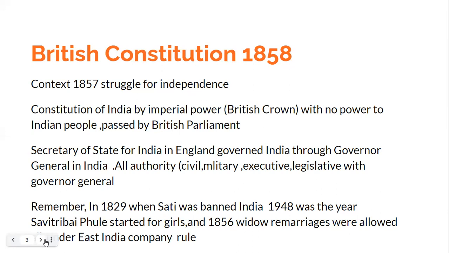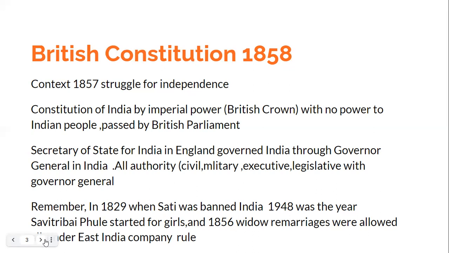Now we need to understand that though this was the British Constitution of 1858, I just want to have a quick remembrance of some interesting ideas. These interesting ideas you won't get when we read a history textbook or a textbook on the Constitution of India.